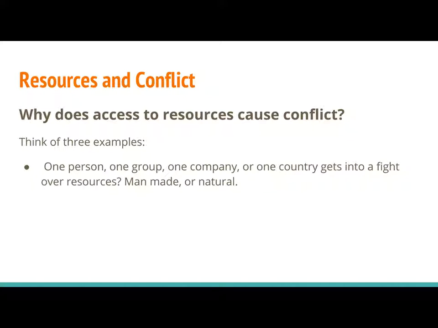Should it be privately owned by timber companies, or is it a natural resource open to all and the Forest Service manages it? Or people might get into a fight about religion or spirituality, about who has the right to practice their own spirituality. So there are a lot of different ways that we get in fights about access to resources.